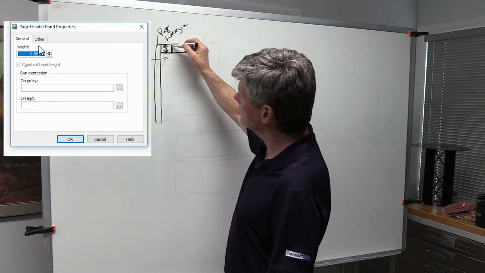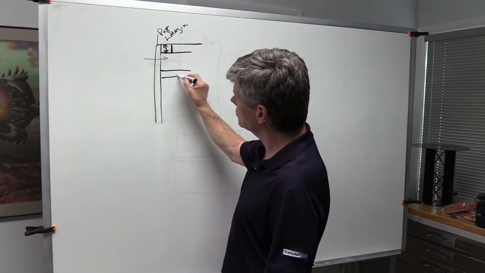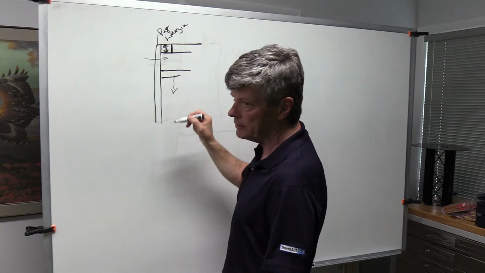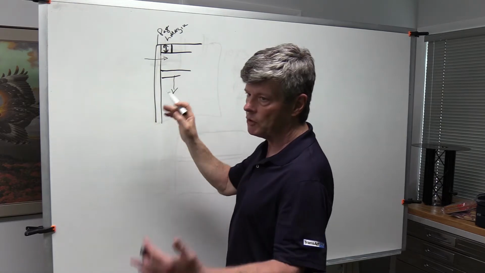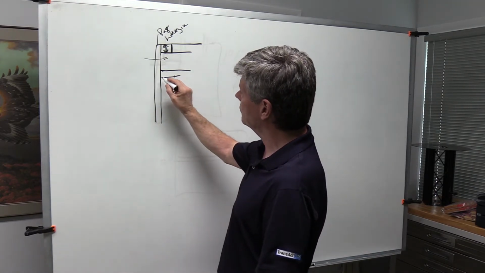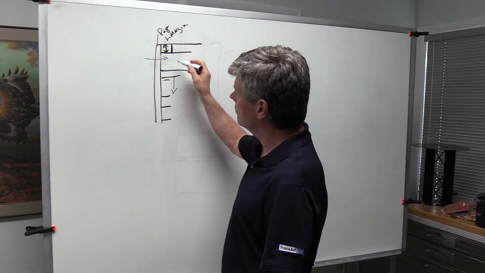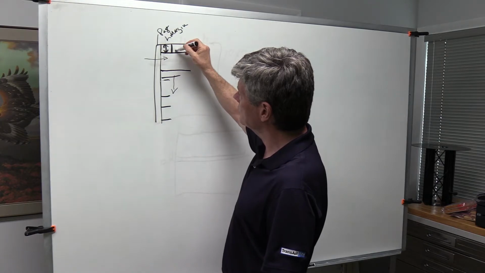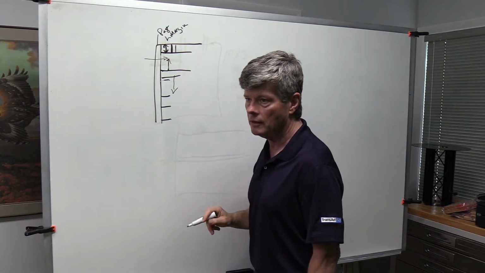What you want to watch, though, is that you can increase this height, but don't forget it's going to push the other labels down the page. So if, oh, this is lined up, I'm good to go, and you print your page of labels and you find this one's creeped down and it's down and it's down, well, it's probably not the page height, but the label height that is off.